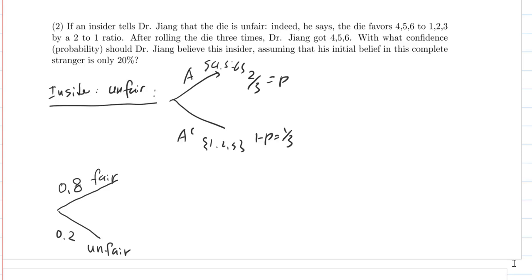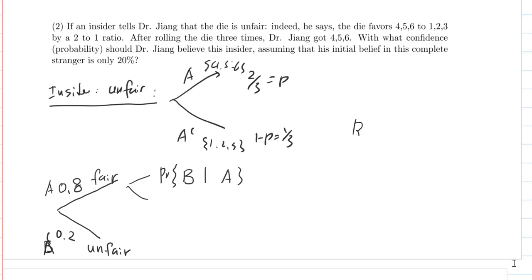Okay. And then we are going to construct the probability tree. If fair, that's A over here, and this is B, or this is A complement. If it's fair, then what is the probability that we are going to get 4, 5, 6 three times? That's what we actually calculate.